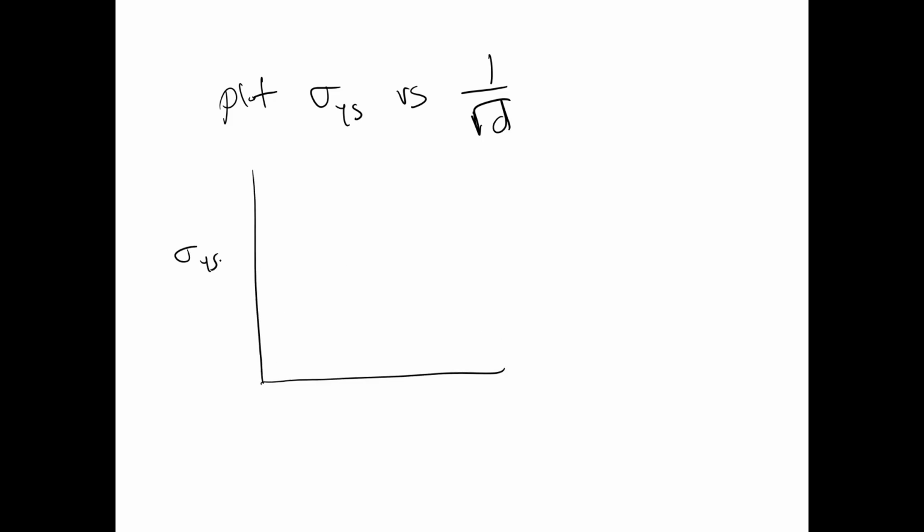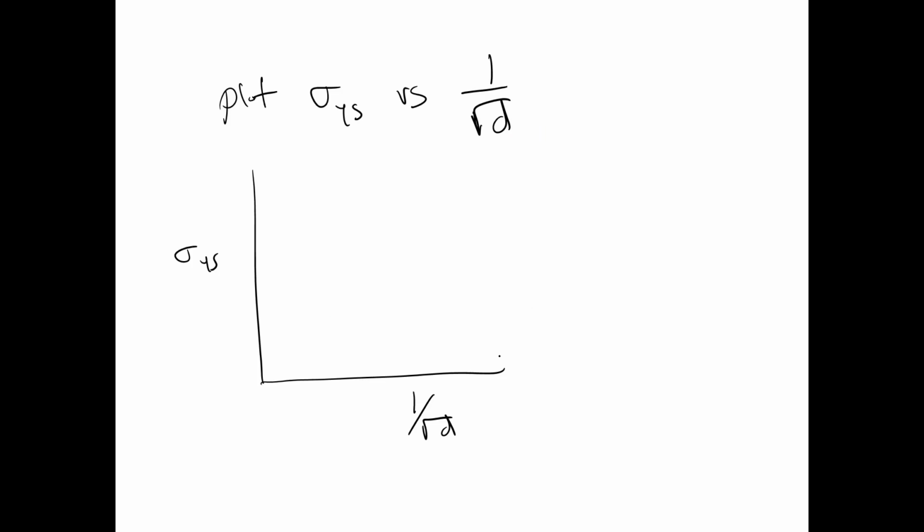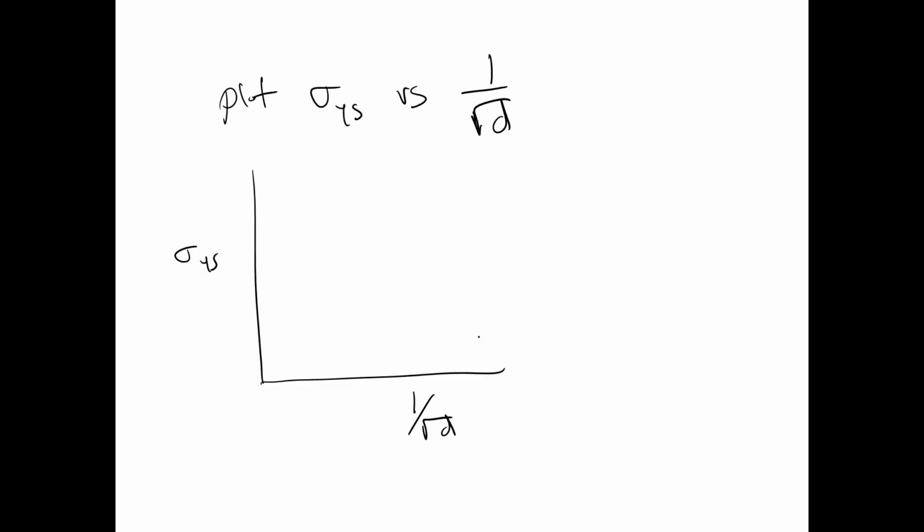So here's the yield strength versus 1 over the square root of d. As the grain size goes down, the yield strength goes up.